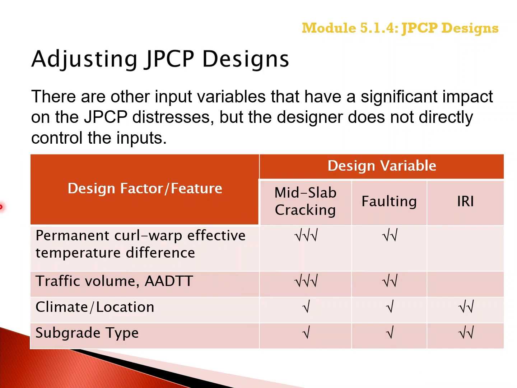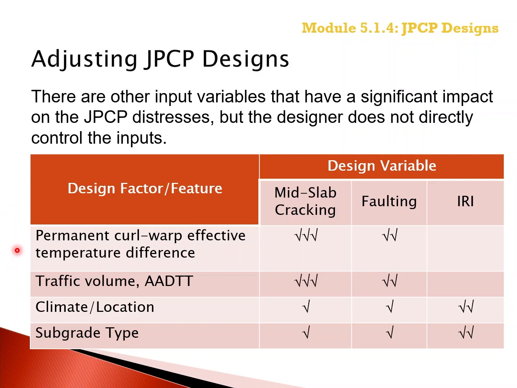There are other input variables that have a significant impact on the JPCP distresses, but the designer generally does not directly control the inputs for these design features or input variables.